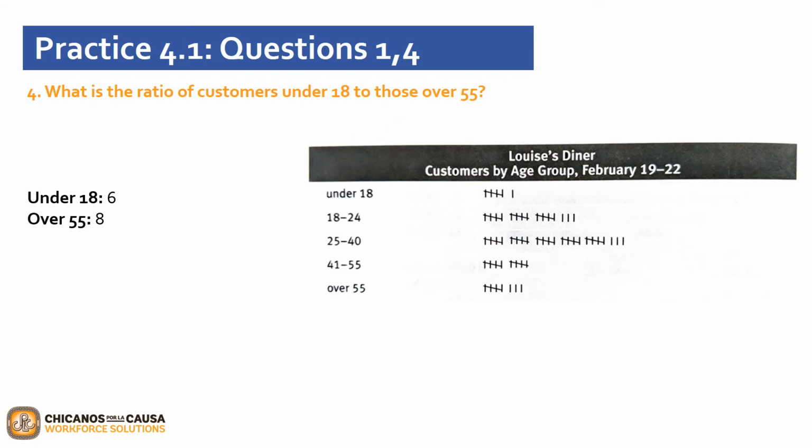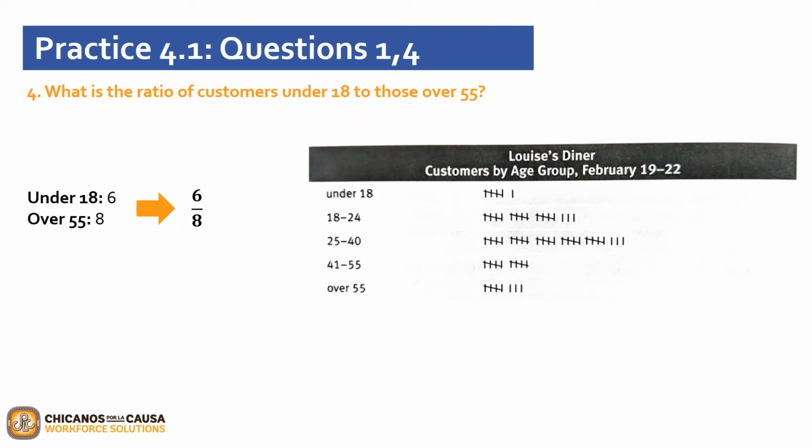Going all the way to the bottom, we have 8 customers that are over 55 years old. So what are we going to do next? We're going to look at the actual ratio by putting this into a fraction. That gives us 6/8. So again, we have 6 customers under 18 to 8 customers over 55.